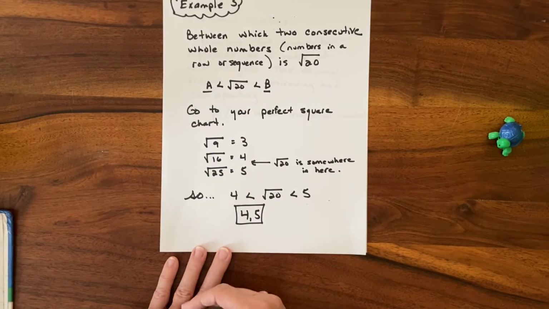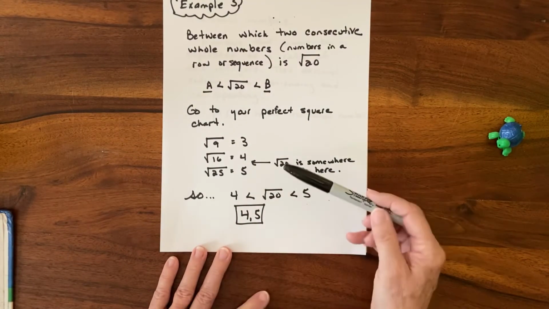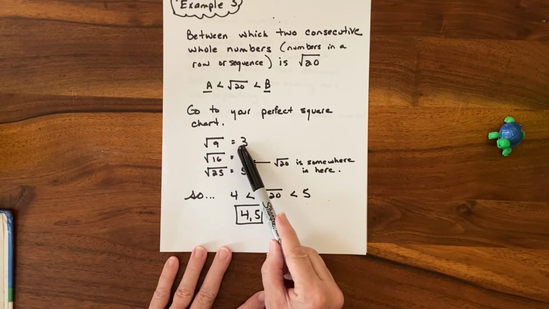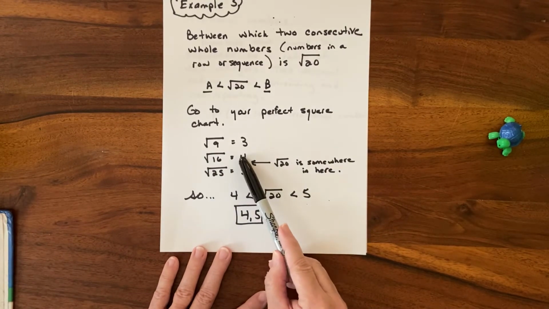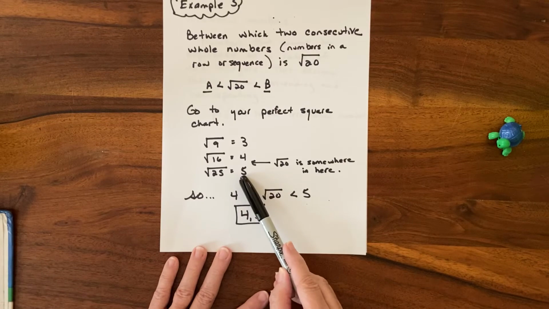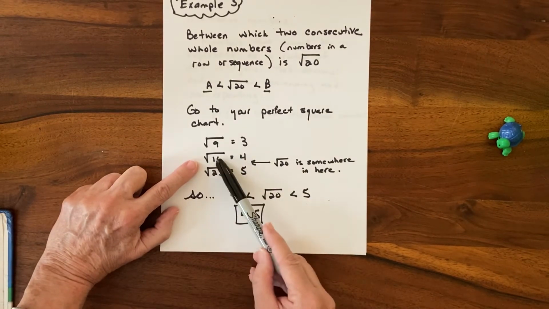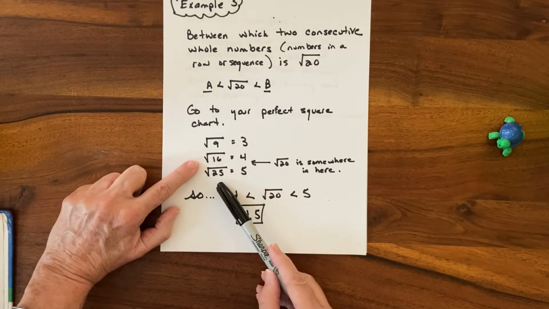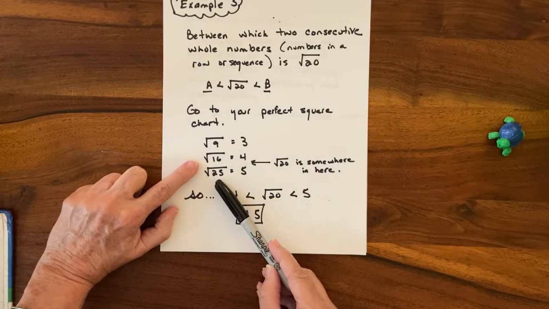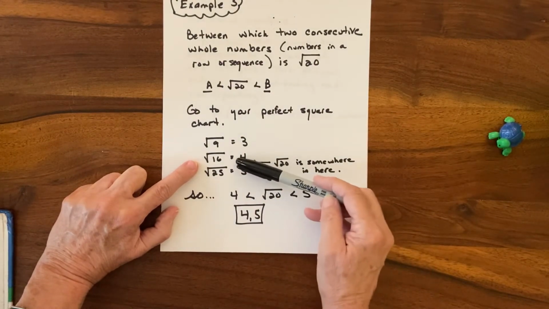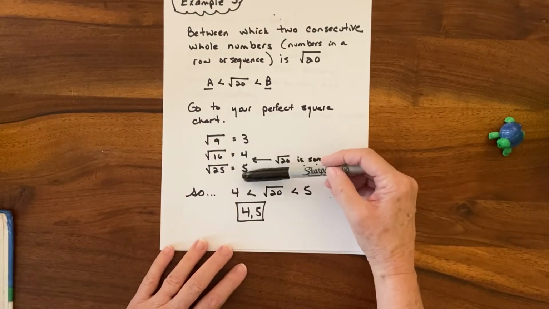So let's think about my perfect square chart. So the square root of 9 is 3, the square root of 16 is 4, the square root of 25 is 5. So the square root of 20 falls somewhere in between the square root of 16 and the square root of 25, right? It's somewhere in there. So it's between 4 and 5.